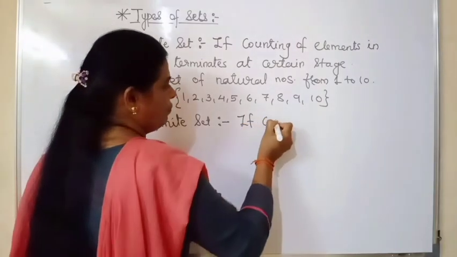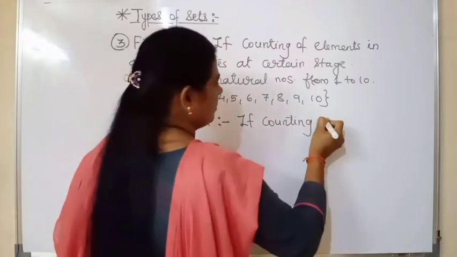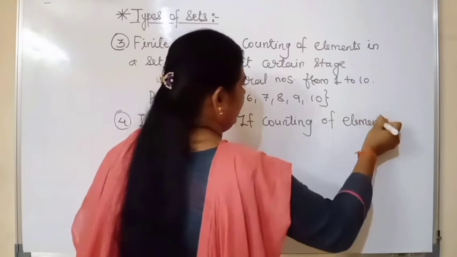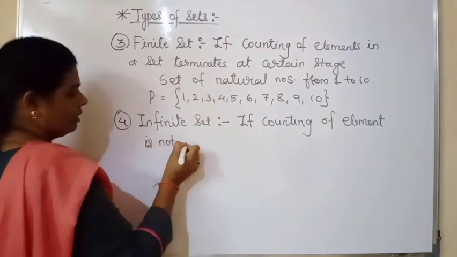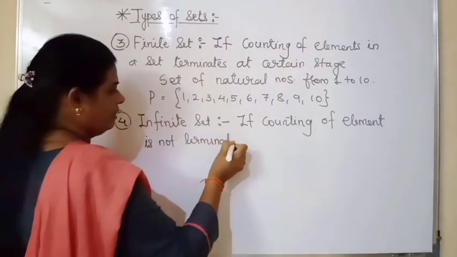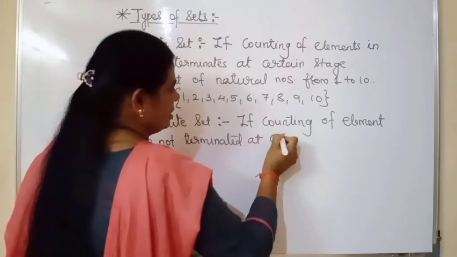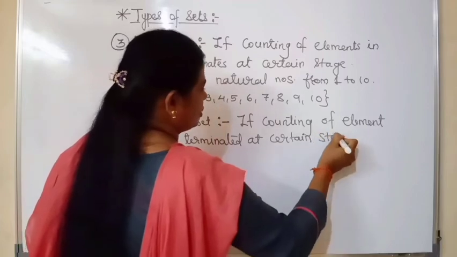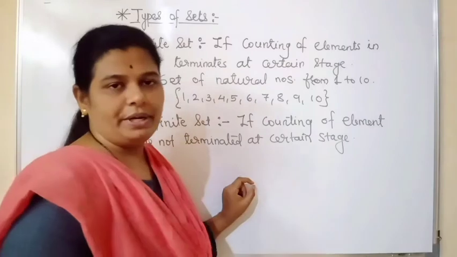If the counting of elements is not terminated, or does not terminate at a certain stage, it means without any limitation. So to the infinite set there is no limit.